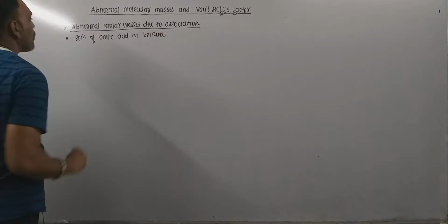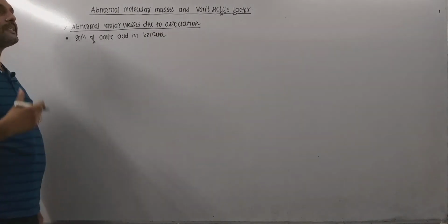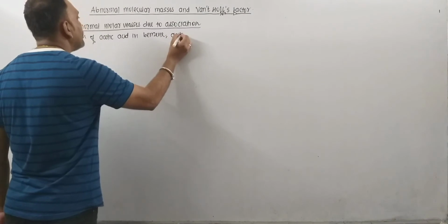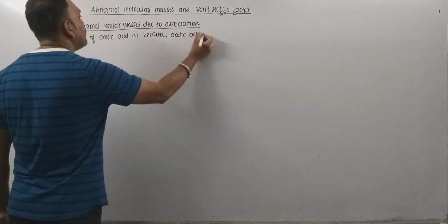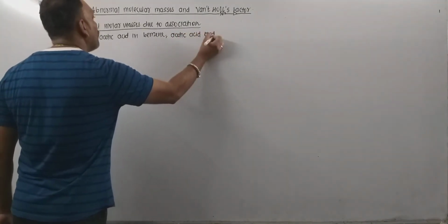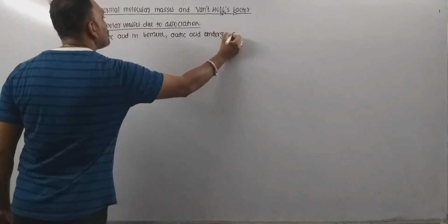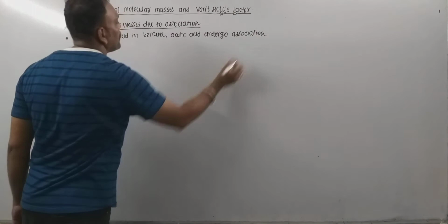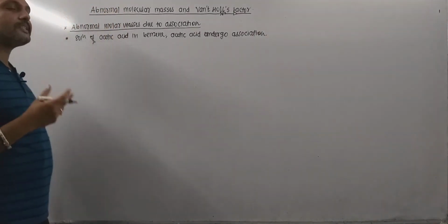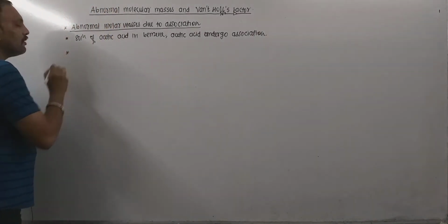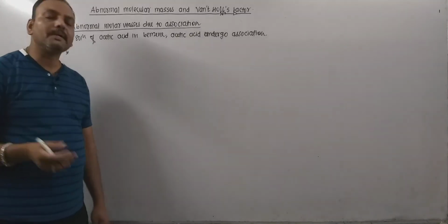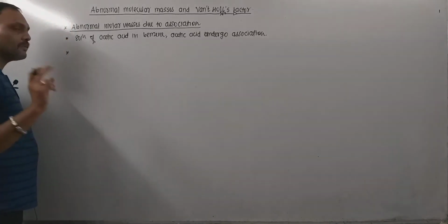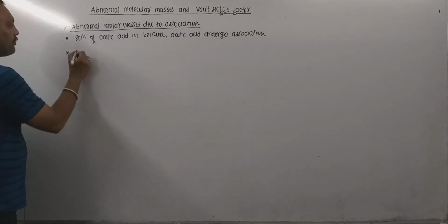So remember, when acetic acid is mixed with benzene, acetic acid tends to associate. So due to association, what happens? Total number of molecular particles in the solution decreases. That is the very first thing to be observed.